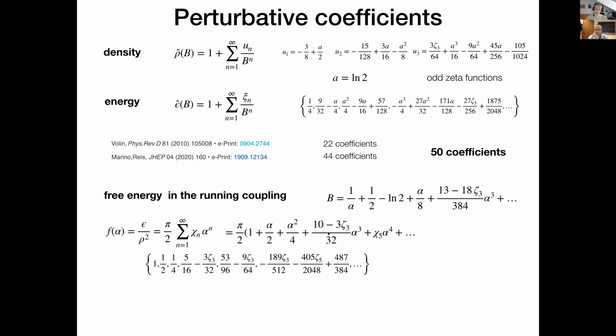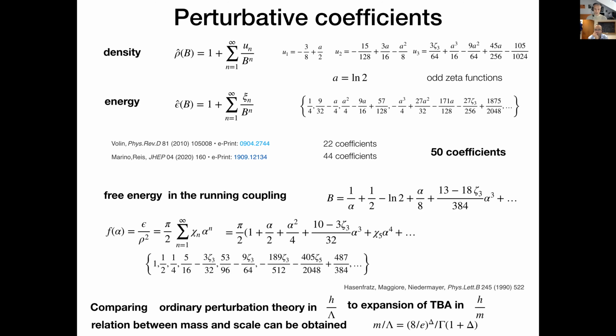And then I can't resist actually pointing out this nice fact and nice result by Hasenfratz, Maggiore, and Niedermayer. I presented two calculations for you for this free energy density, the expansion in this magnetic field for large magnetic field. The first calculation was the perturbative calculation based on the Lagrangian, and the expansion was an expansion in H over lambda.